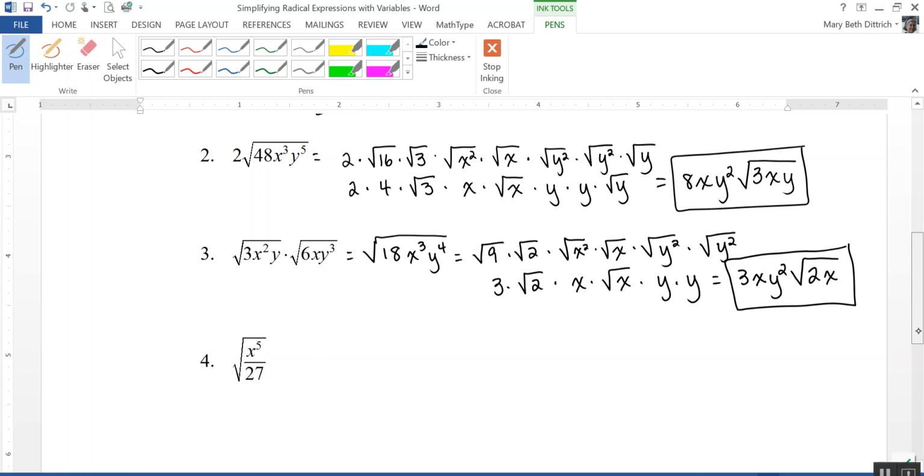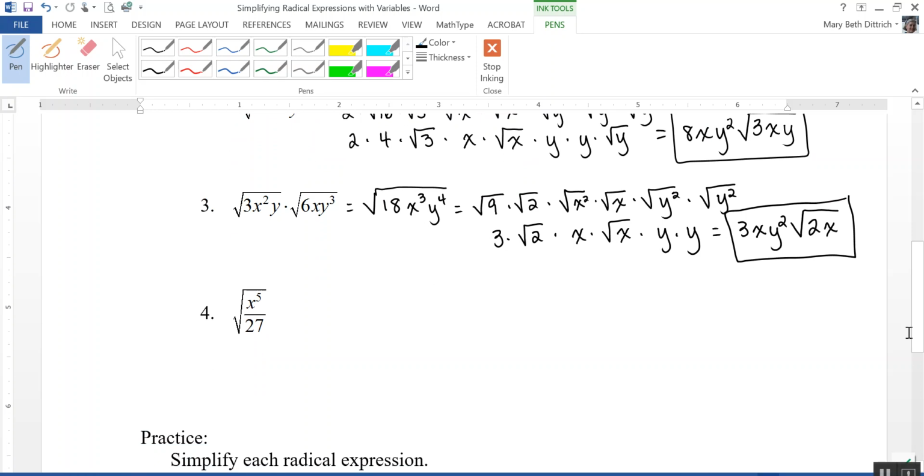And our fourth example here is the square root of x to the 5th over 27. So I'm going to go ahead and rewrite that as the square root of x to the 5th over the square root of 27. And I'll rewrite each of those with their perfect square factors. So that's the square root of x squared, square root of x squared, and the square root of x.